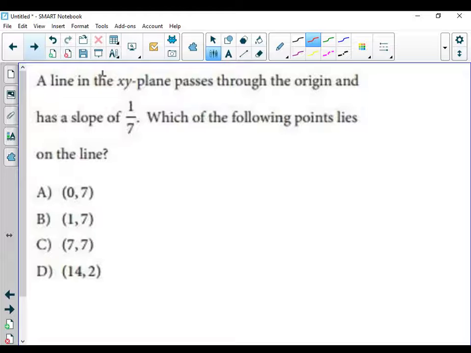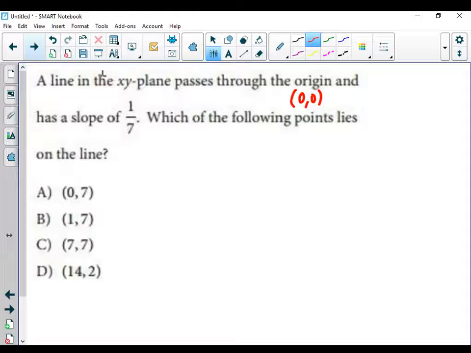All right, the next problem says a line in the xy plane passes through the origin, so it passes through (0, 0), and has a slope of 1/7. They want to know which of the following points lie on that line. Some of you may have tried to graph it, which would be fine.